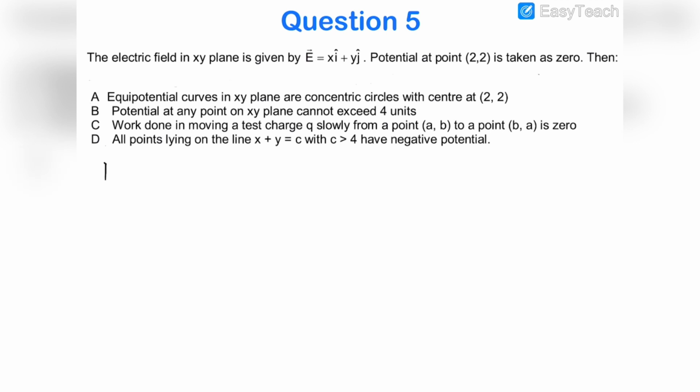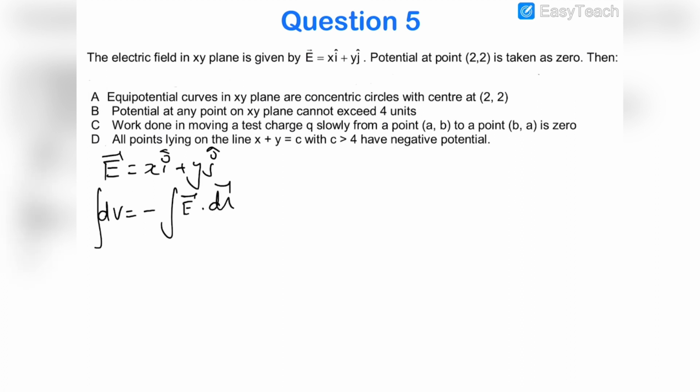We know that E is given as x i cap plus y j cap, and we know that dV is equal to minus E dot dr. We are integrating both the sides, and it is given that potential is 0 at the point (2, 2).